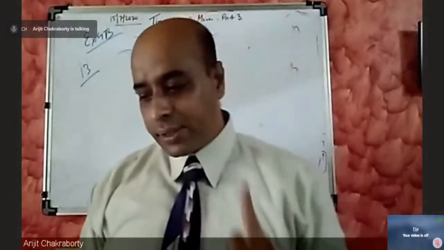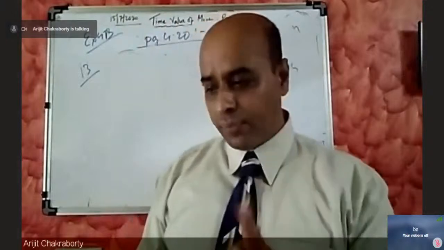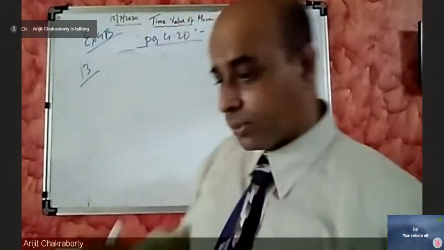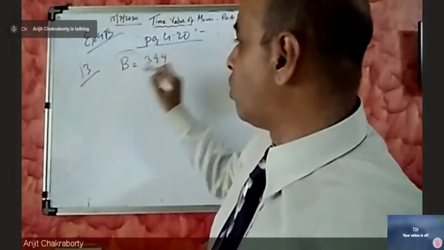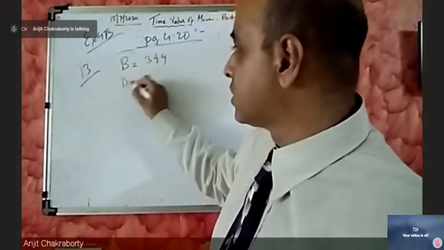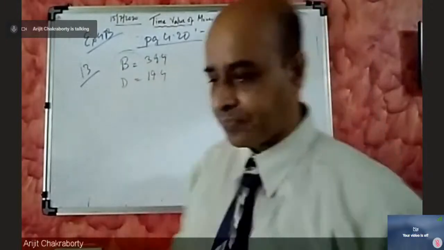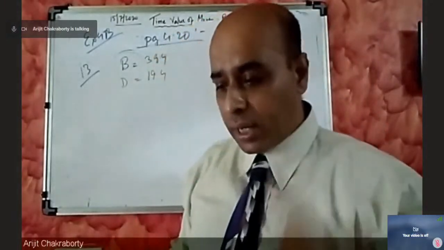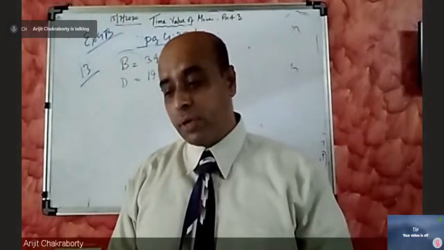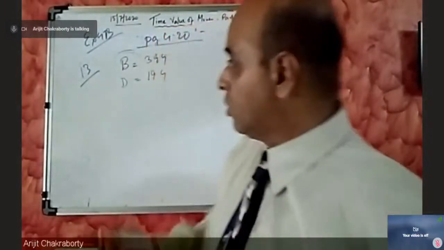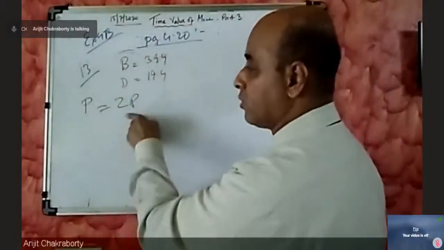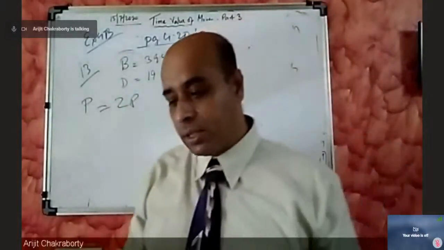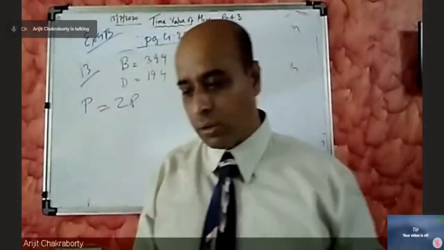The annual birth and death rates per 1,000 are given. So the birth rate B is 39.4 and the death rate is given as 19.4. The question asks for the number of years in which the population will be doubled. So if the population is P now, it will become 2P. In how many years? We don't know. That is what we have to find out.